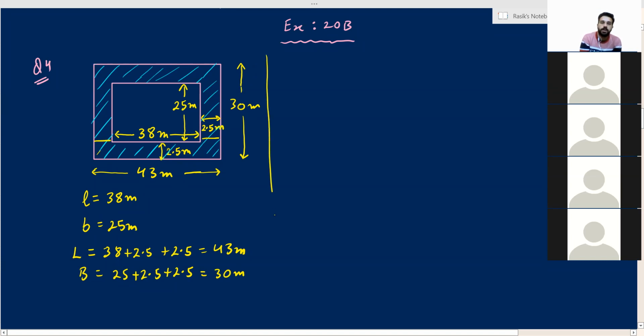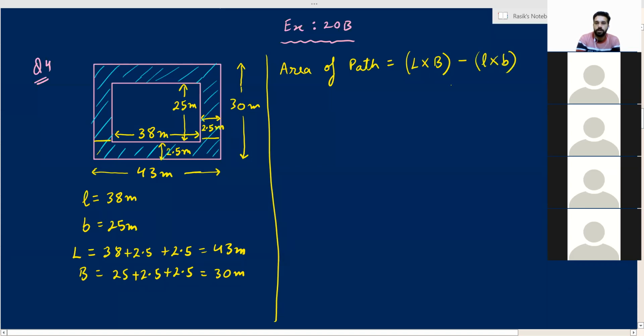Now the rest of the concept is the same. Area of path, because we have to do the graveling on the path, so we will find the area. Area of the path will be area of the outer rectangle, capital L into capital B, minus area of the inner rectangle, small l into small b.